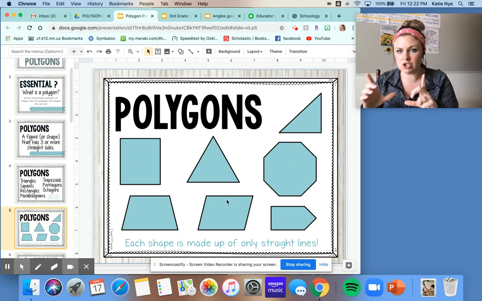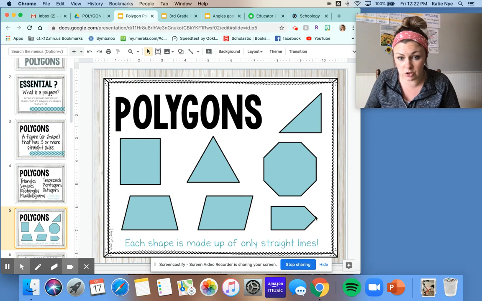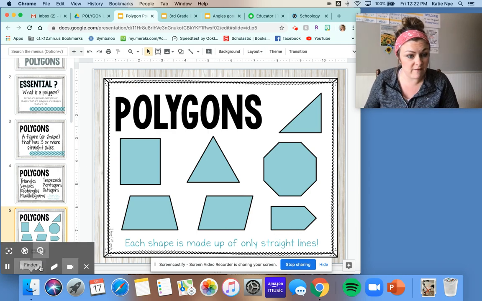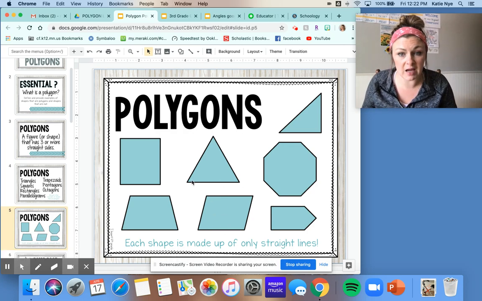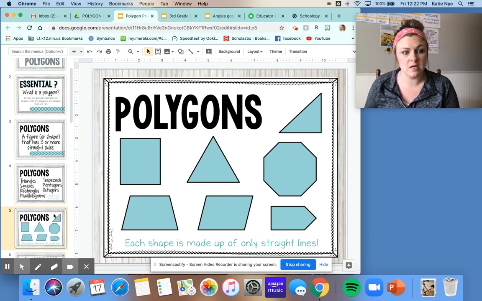And all of these shapes are closed, meaning they all have lines all the way around them. So each shape is made up of only straight lines, and each of them has at least 3 lines. 1 on here, 2, 3, 4, 5 right there. So I see that there are at least 3 lines. All shapes are closed, and they're all made up of straight lines.